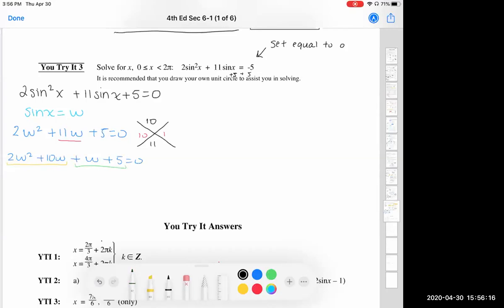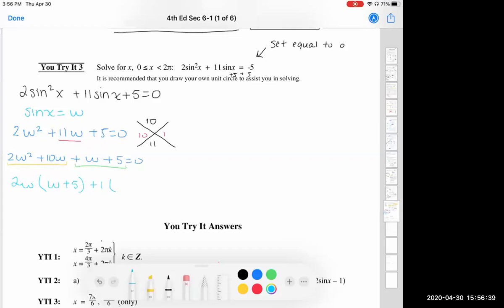If I group my first two, I can factor a w, and they're both even, so I can factor a 2. We're left with w plus 5. On my last two terms, I see that it already looks like what I have in the parentheses. Plus, there's something else to factor, so I can write a place value of 1.